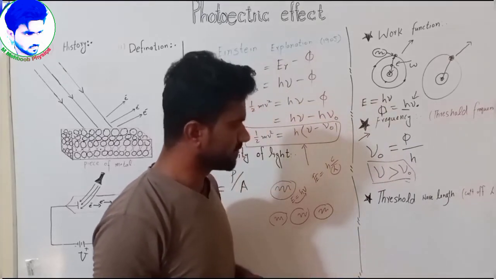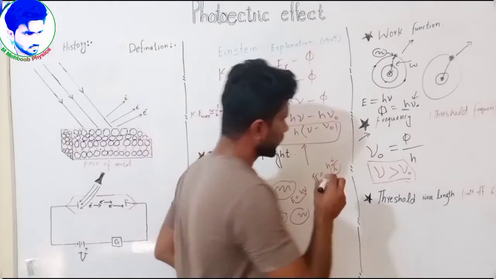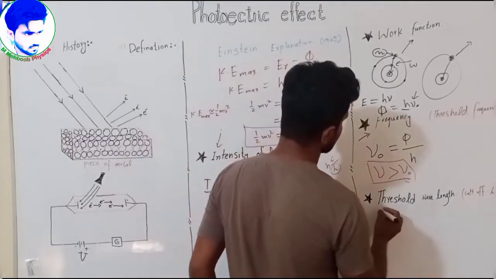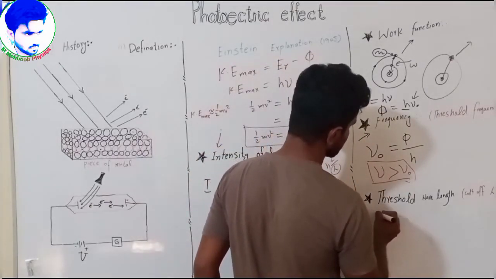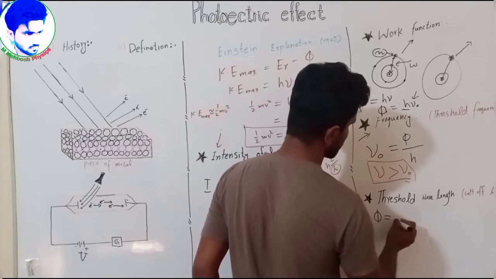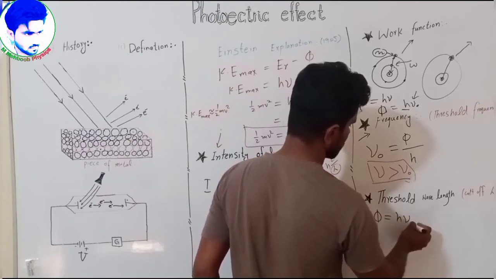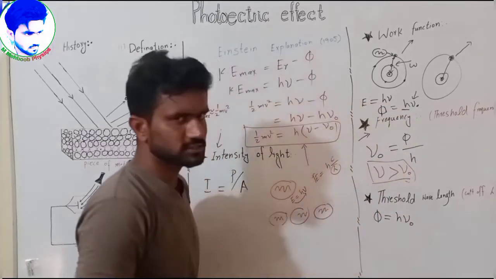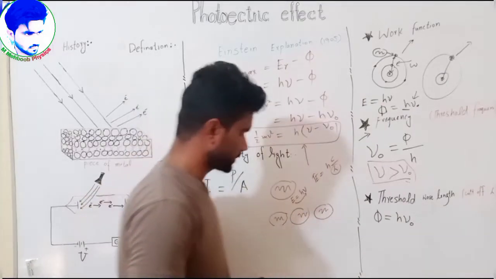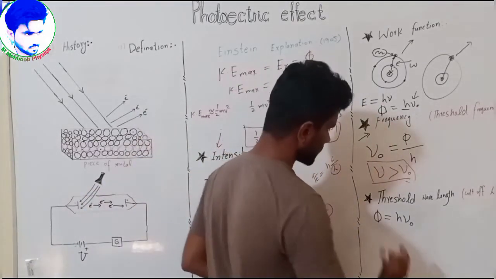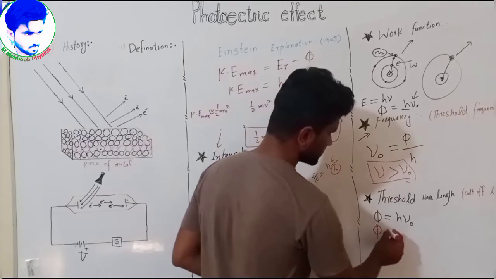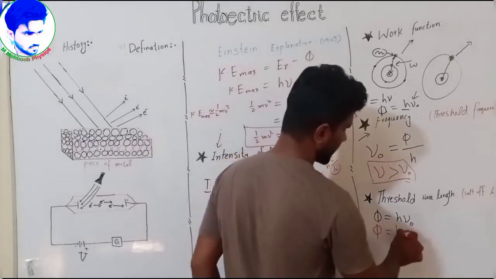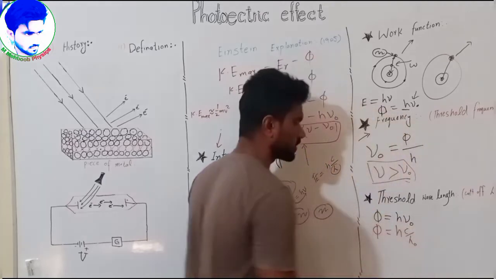In threshold terms, we know that our work function phi is equal to h times nu naught, where nu naught is the threshold frequency, and phi is equal to hc divided by lambda naught.